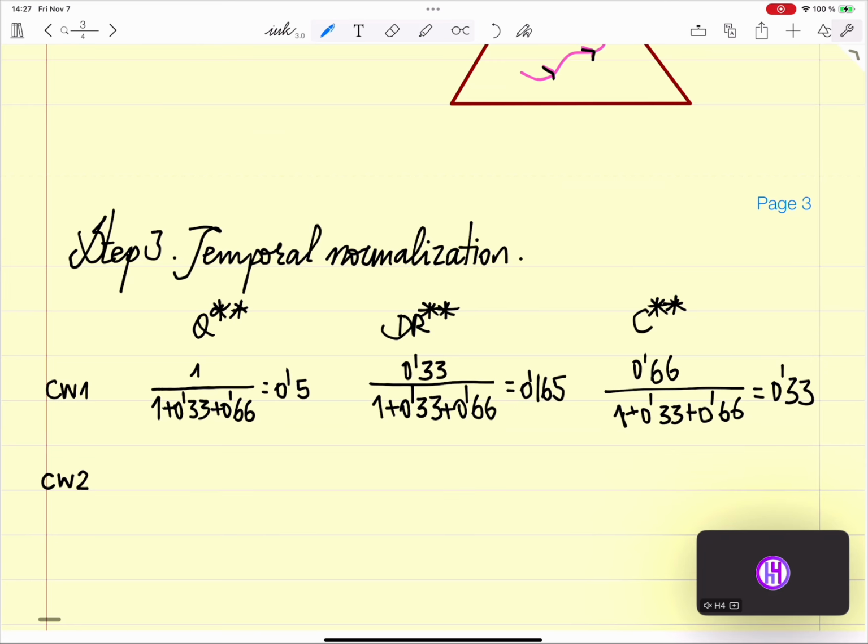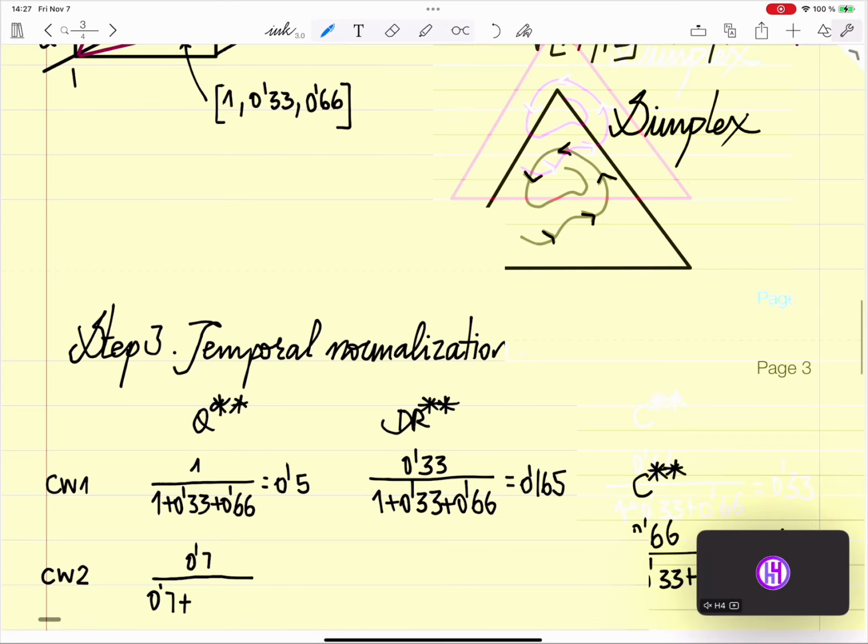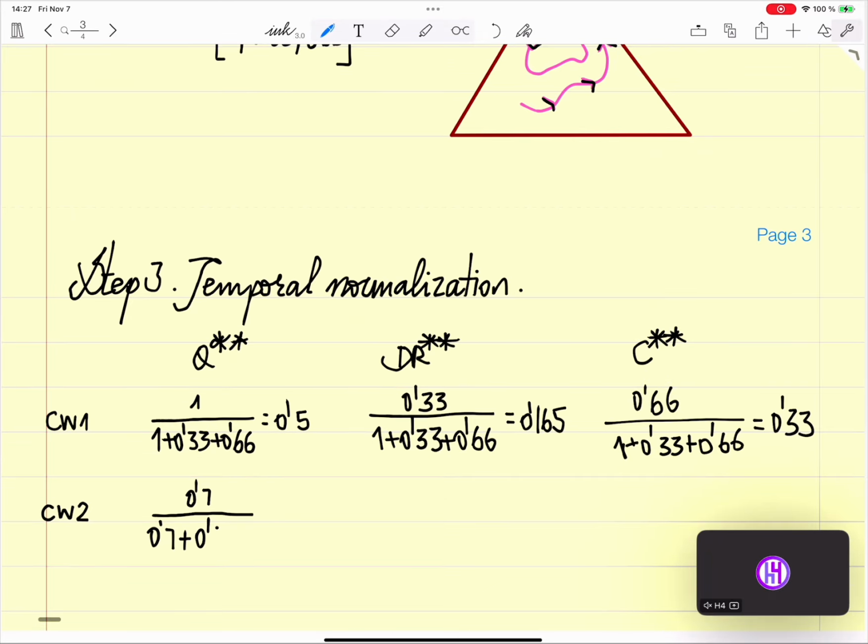For calendar week 2, we do the same: 0.7 divided by 0.7 plus 0.66 plus 1. This yields 0.297.